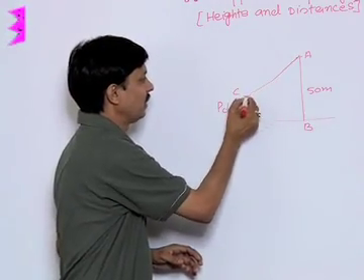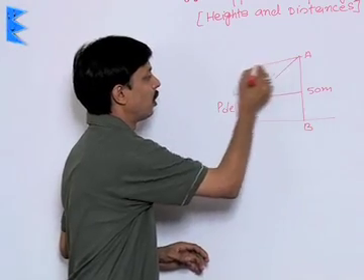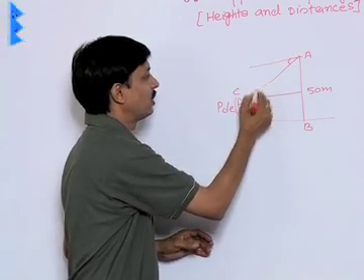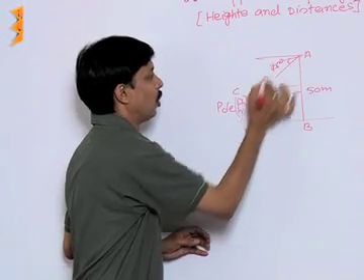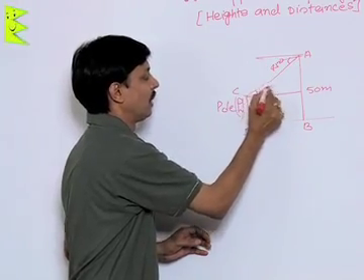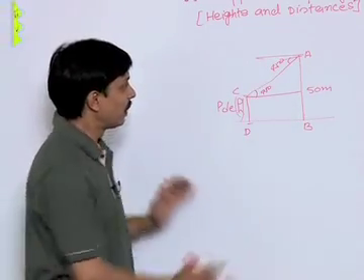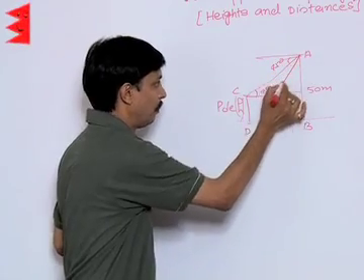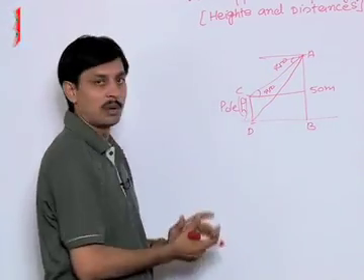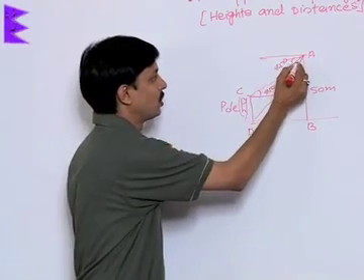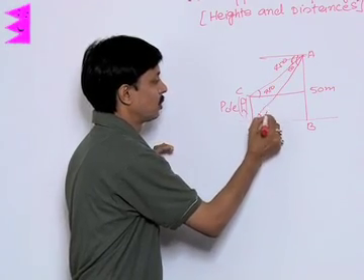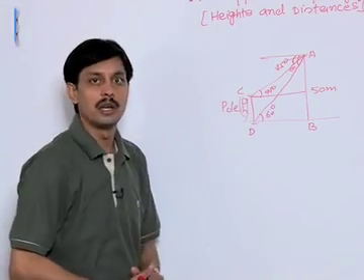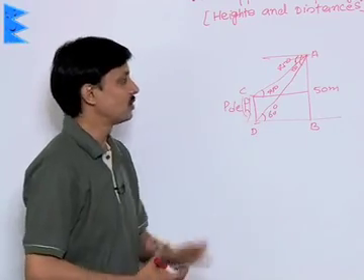Angle of depression of the top of the pole is how much? 45 degree. And angle of depression of the base of the pole, or bottom of the pole, is suppose 60 degree. By the alternate interior angle property, this will also be 60 degree.